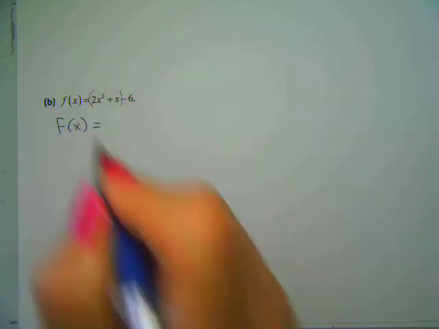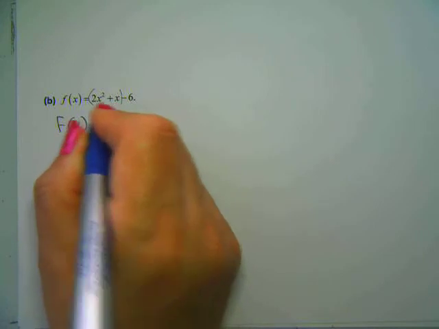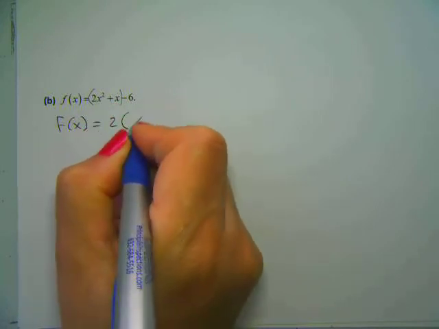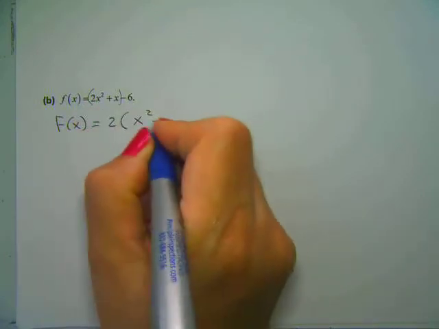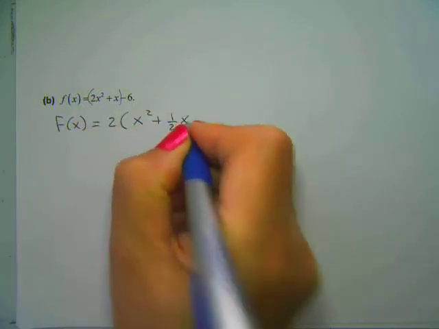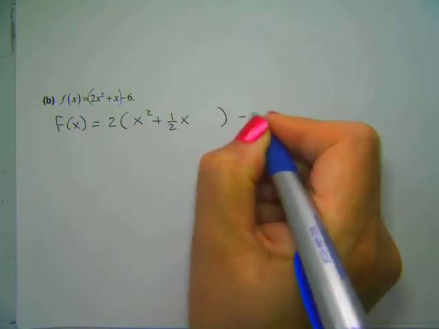Remember, we need those by themselves, but as always, we cannot complete this. The first step in completing the square is to make sure that the coefficient of x squared is 1. So what we're going to do with these two is to take a 2 as a common factor. So when you take out 2, you're dividing. So this is going to be 1/2 x. Leave a space to complete the square.